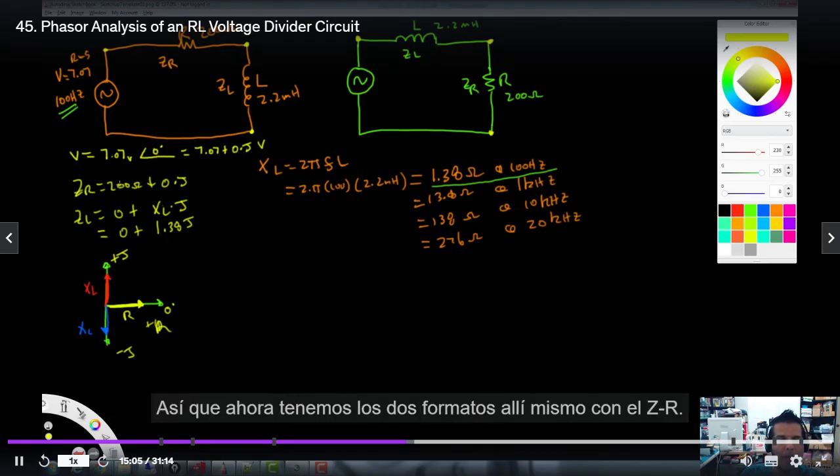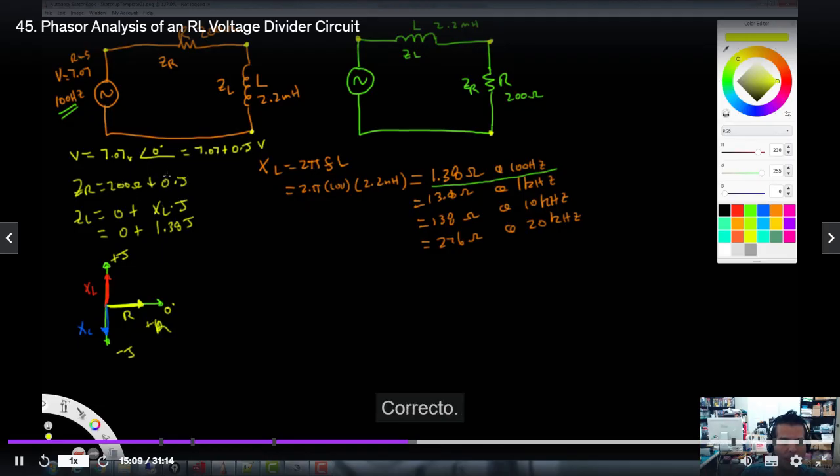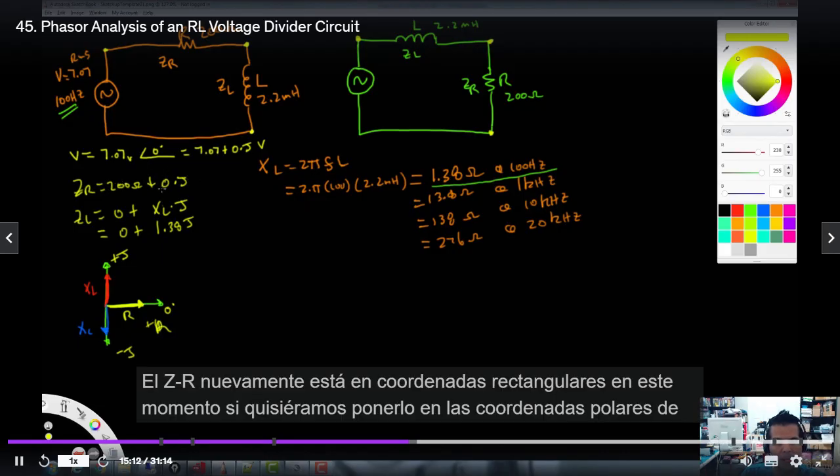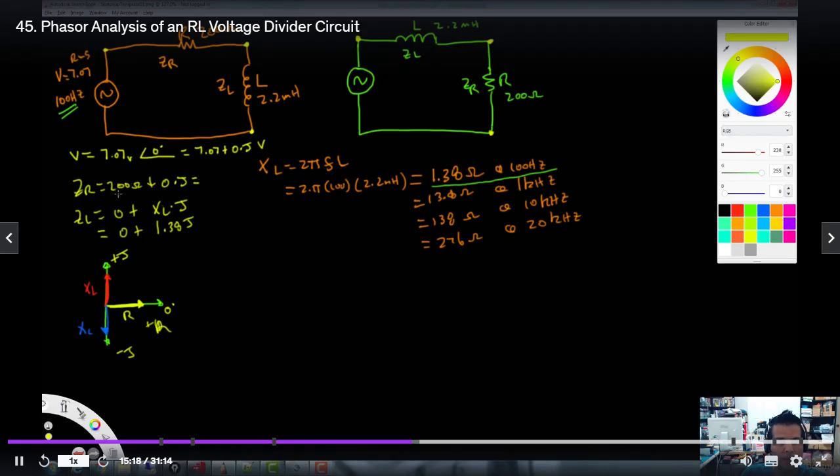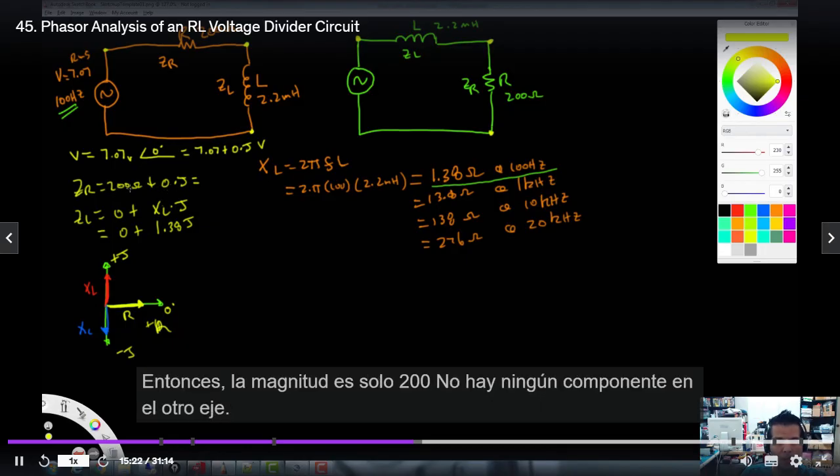Now, same thing here with the ZR. The ZR is in rectangular coordinates right now. If we wanted to put it into polar coordinates, the magnitude of it, it's 200 plus 0, so the magnitude is just the 200. There's no component in the other axis.